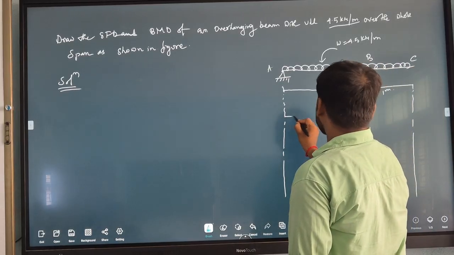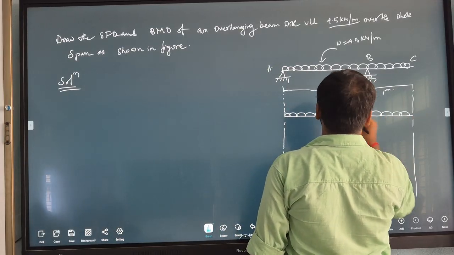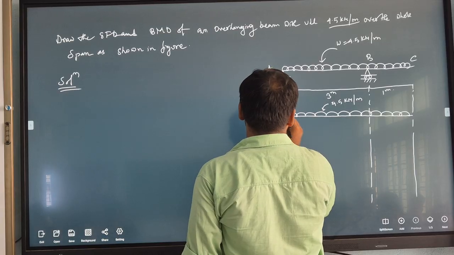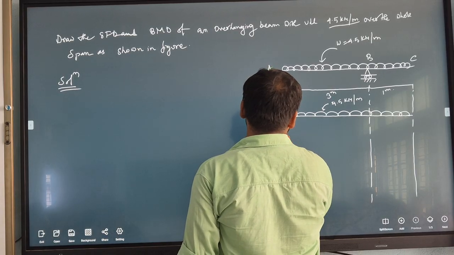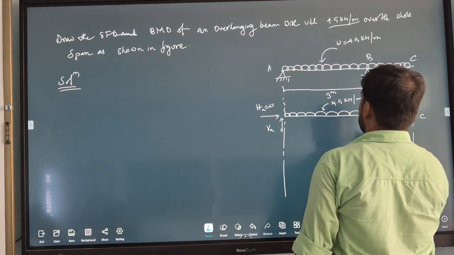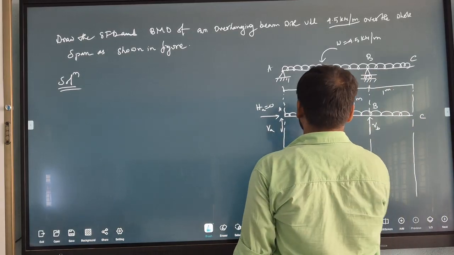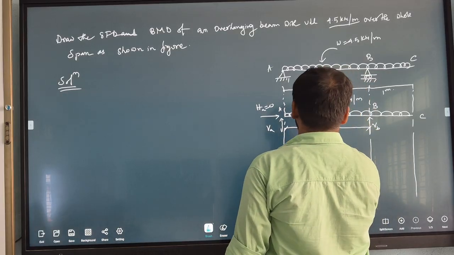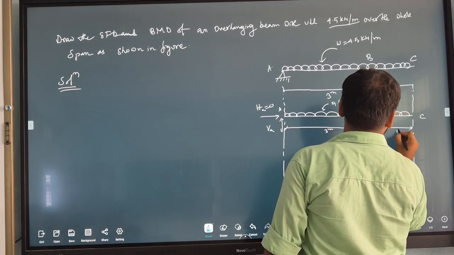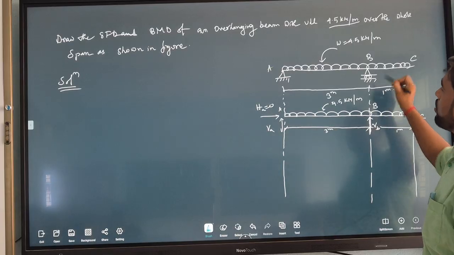Okay, let's draw. One meter. So this is the free body diagram of the main beam.